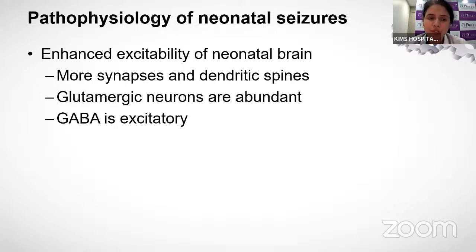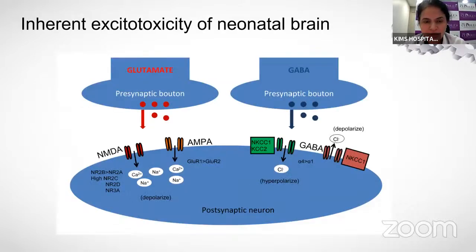Also, because of the physiological predisposition, there appears to be a greater proportion of excitatory or glutamatergic neurons that are abundant. And even the inhibitory neurotransmitters like GABA serve as excitatory neurotransmitters in the neonatal age group because of some unique characteristics of the neonatal neurons.